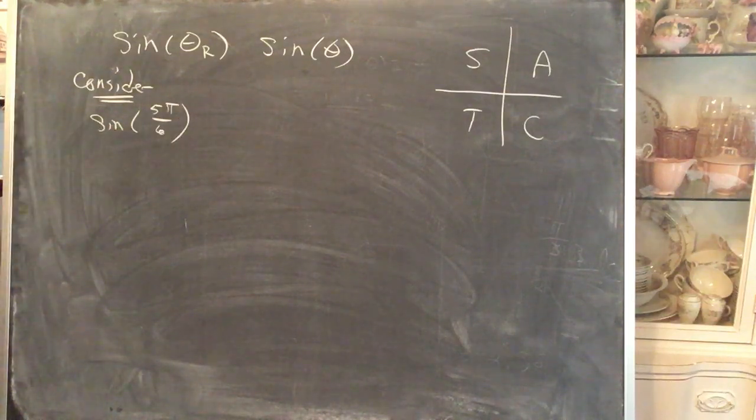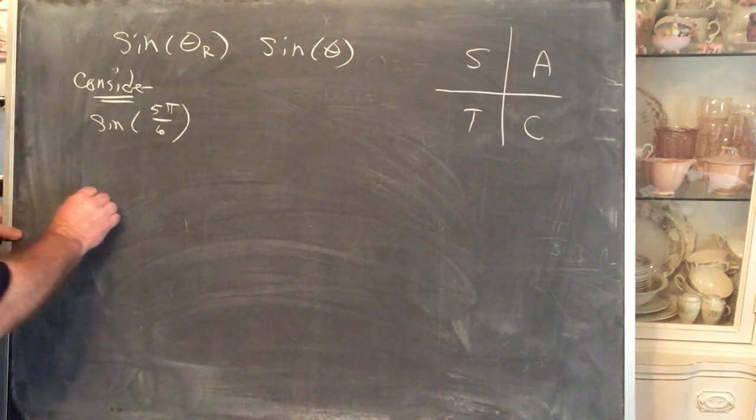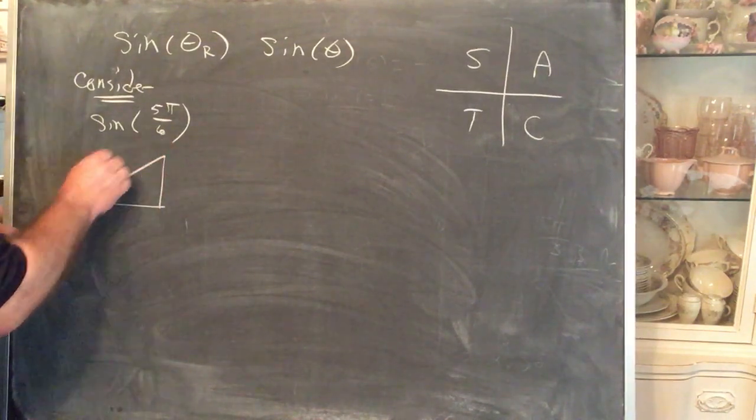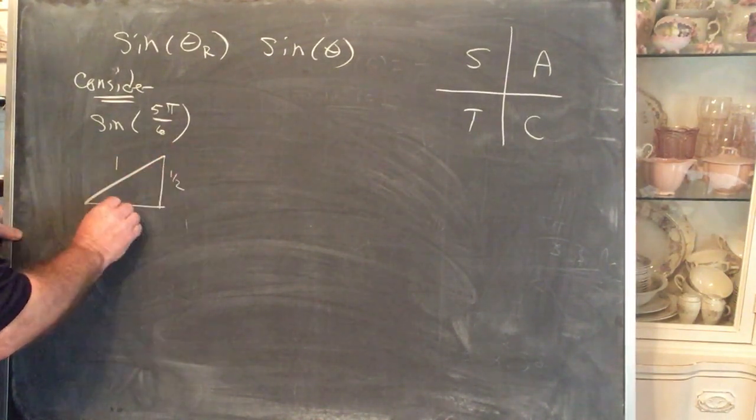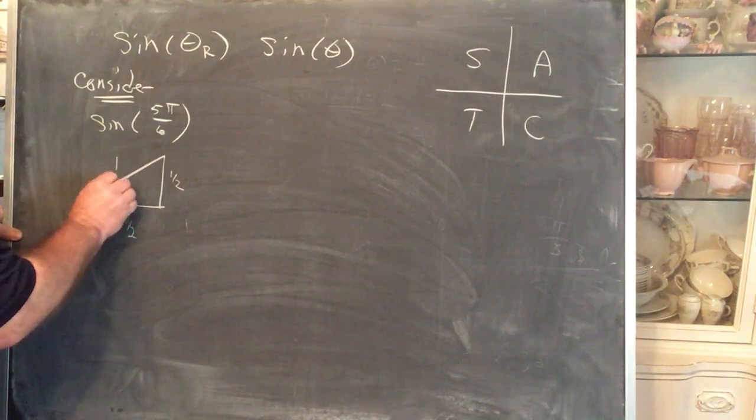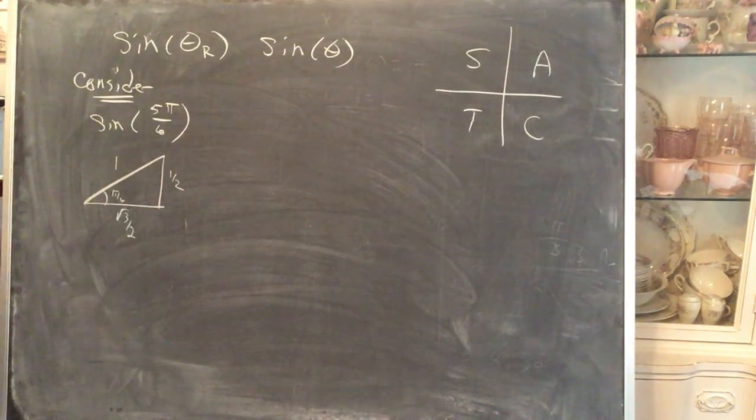So sine of 5 pi over 6, we know this is in the pi over 6 reference angle family, and we know that this is 1, this is 1/2, this is root 3 over 2, and this is pi over 6. We know sine is the y coordinate, that's the vertical value.